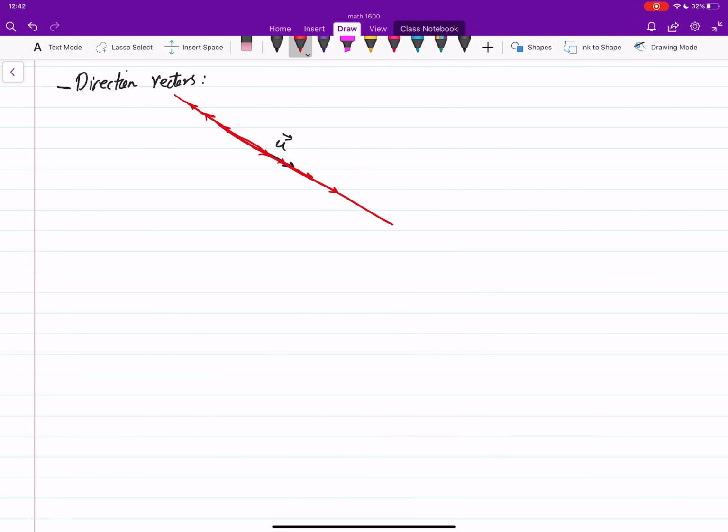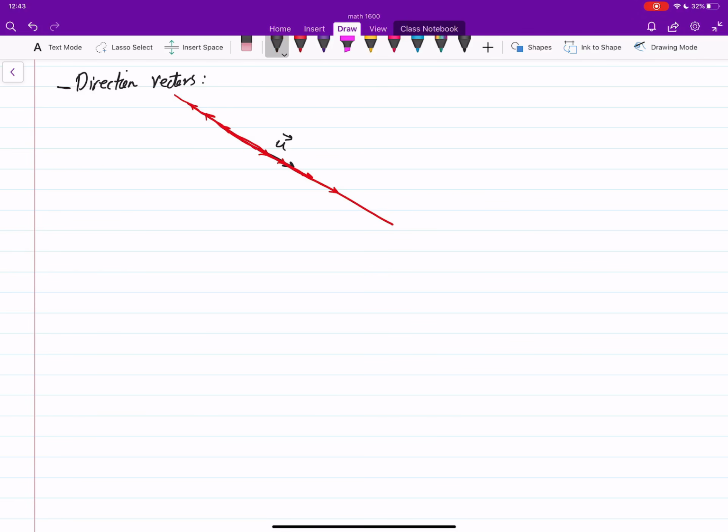If you do the same thing in R3, you still get a line. Actually, you have to watch the other video, which is about lines in R3, and you will see that it works exactly the way it works in R2. So we cannot generate a plane which is parallel to just one vector.